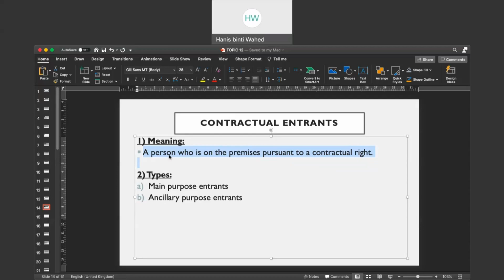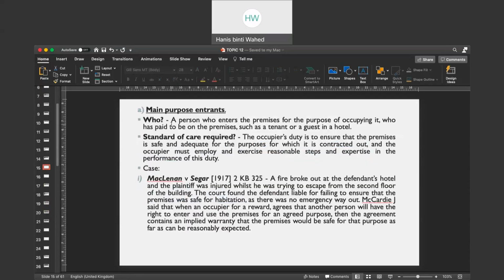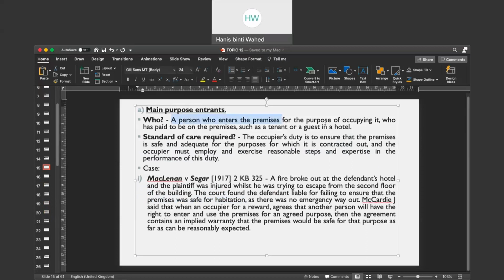Okay, and then there are two types of contractual entrants. We can further divide them into main purpose entrants and ancillary purpose entrants. The first one, the main purpose entrant, is a person who enters the premises for the purpose of occupying it, who has paid to be on the premises, such as a tenant or a guest in a hotel.